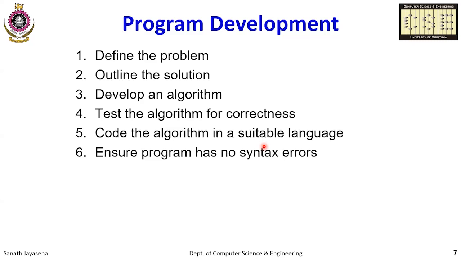So any errors of that nature, if there are violations of language rules, we call them syntax errors. So if there are syntax errors, you can't actually execute that, right?